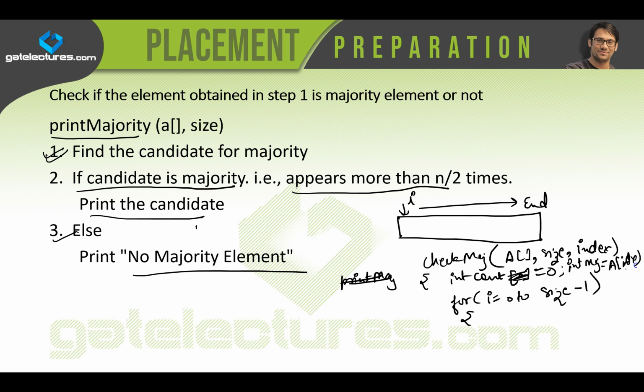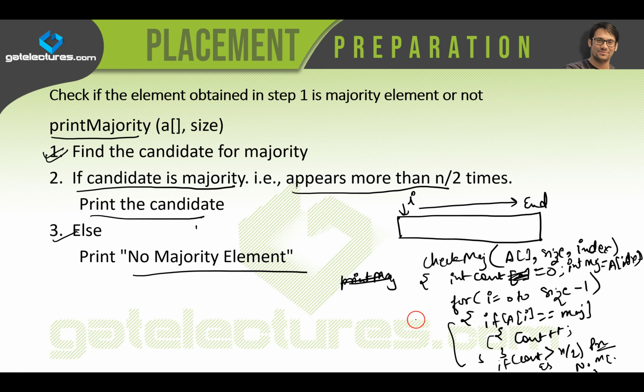That means we store the value of majority here, and if A of I is equal to majority, then count plus plus. This is a very simple for loop. And then we can say if count is greater than n by 2, then print candidate of the majority, else print no majority element exists. This is a very simple step that we can take to print this majority candidate.